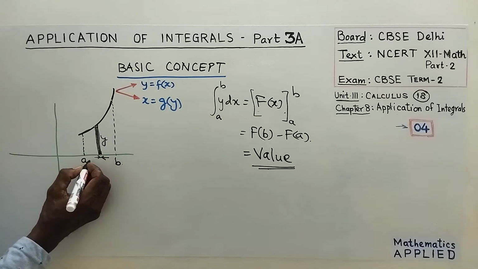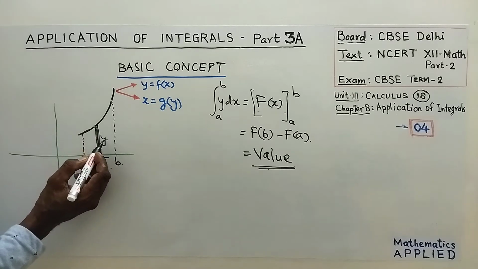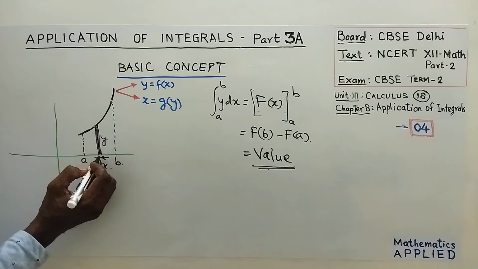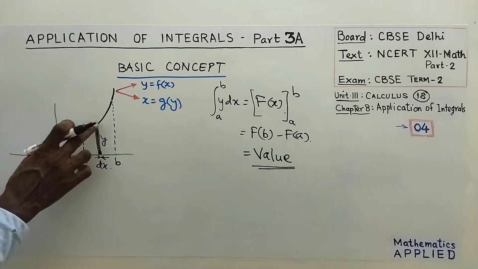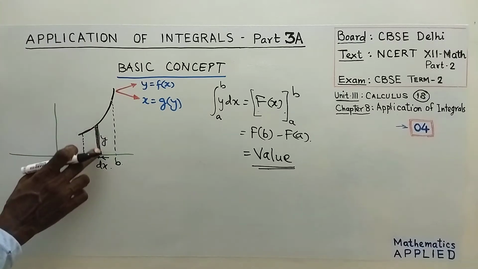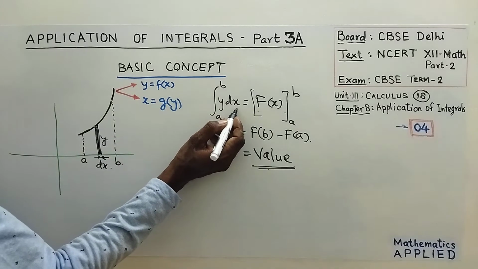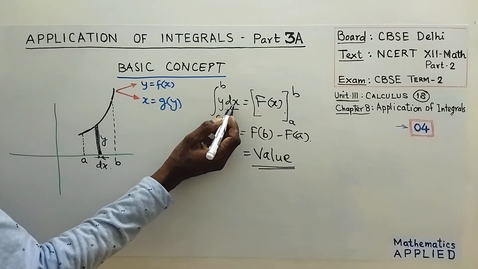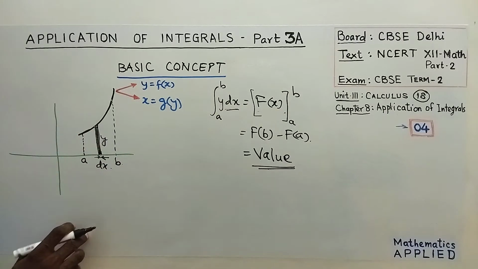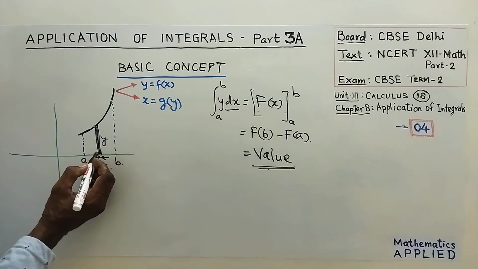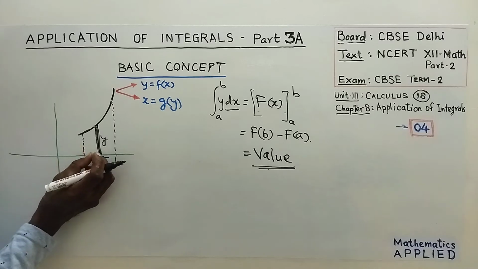And the small length in the x direction that you have taken is dx. So if you see, this is a small rectangle, right? When you see this rectangle, what is the area of this rectangle? Area is y times dx. This is what exactly we are doing here. You are multiplying y with dx, and you get the small strip's area. So when you now take these strips from a to b, you go on taking so many strips.